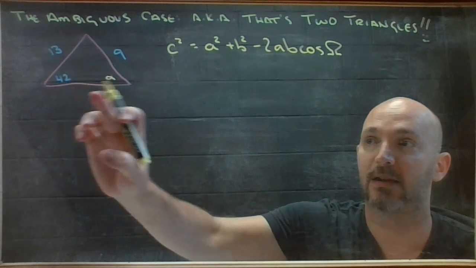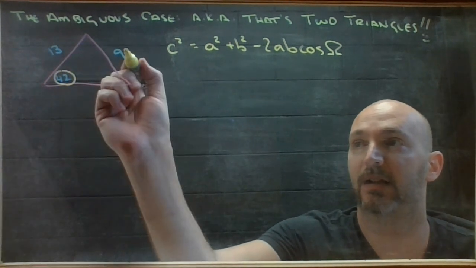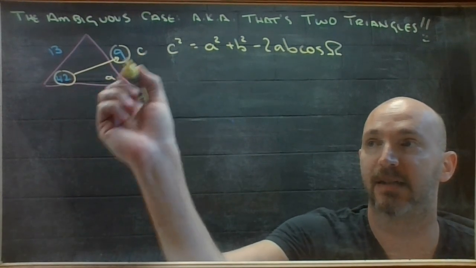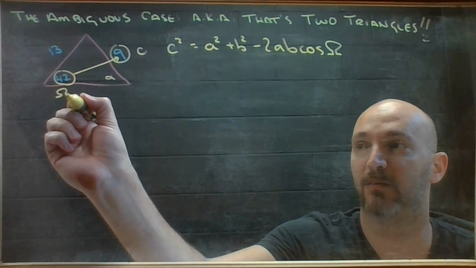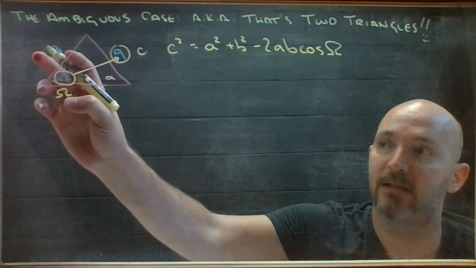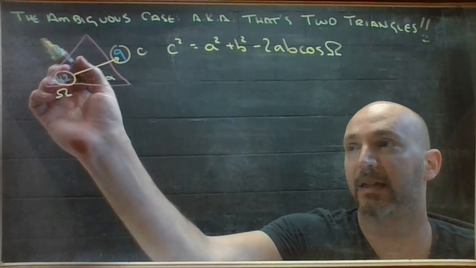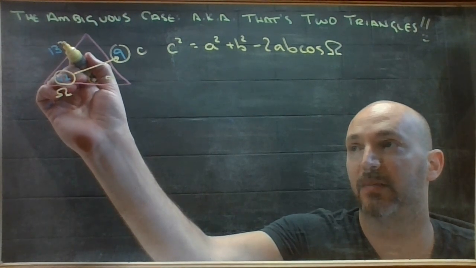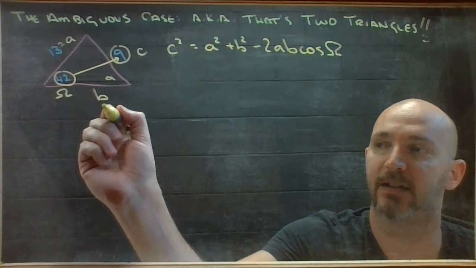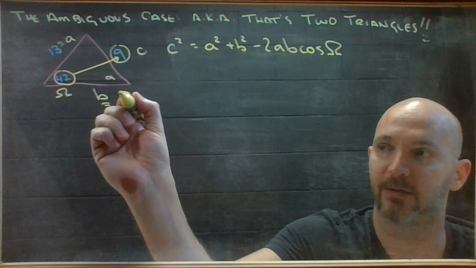So if I look at this particular setup, I know an angle here and I know a side opposite to it. So this is going to be my C, this is going to be my omega. If that's C, this is either A or B. It doesn't matter. So I'm going to make it A, which means that this unknown side here is going to be my B. So B, I don't know this yet.